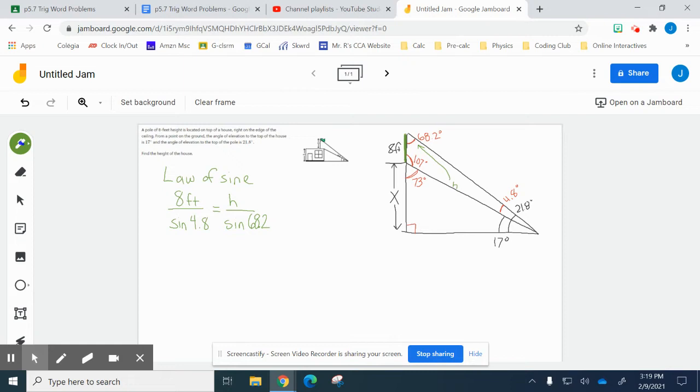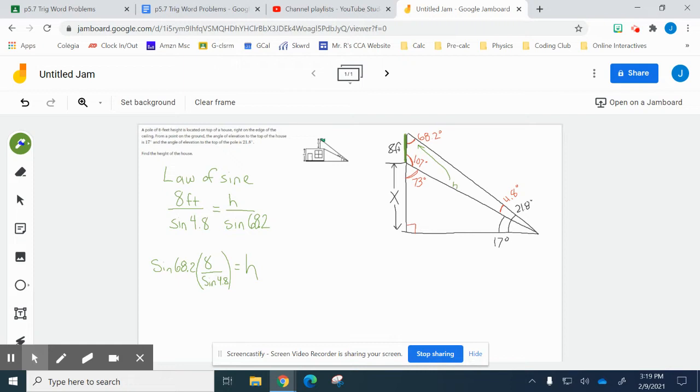All right, so now we multiply both sides by sine of 68.2, and we get this equation: sine of 68.2 times 8 over sine of 4.8 equals h.